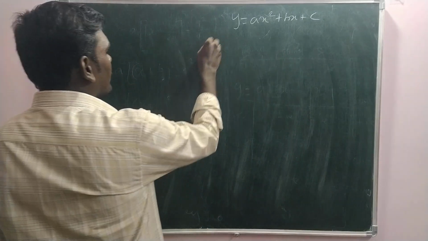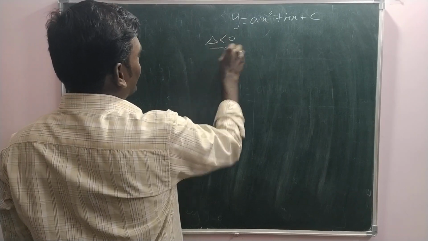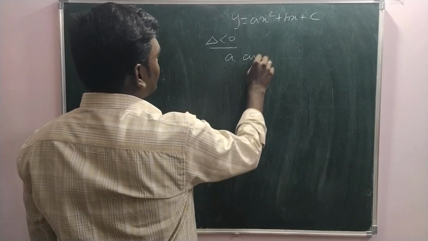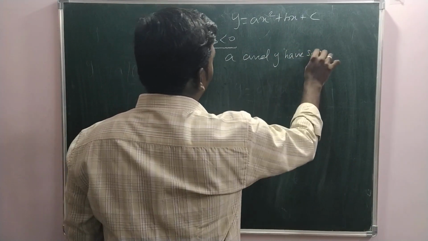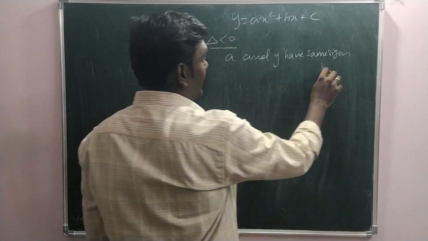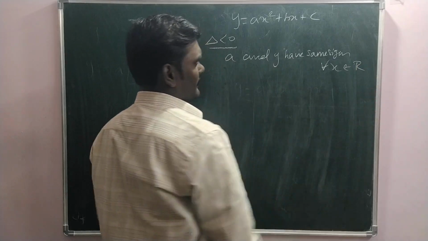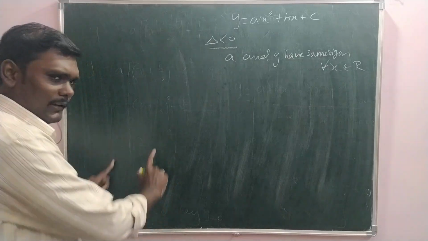Let us take, if del value is less than 0, a and y will have the same sign for all x belongs to R, real numbers. Okay, that's all. I wrote 2 results here, remember.